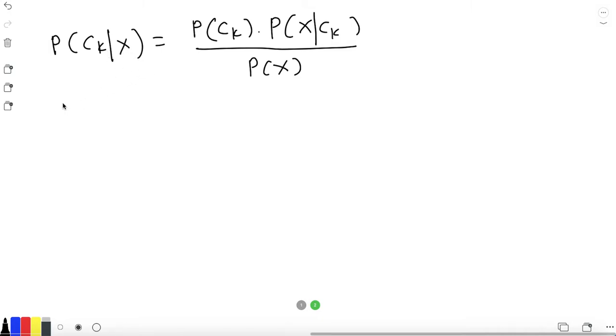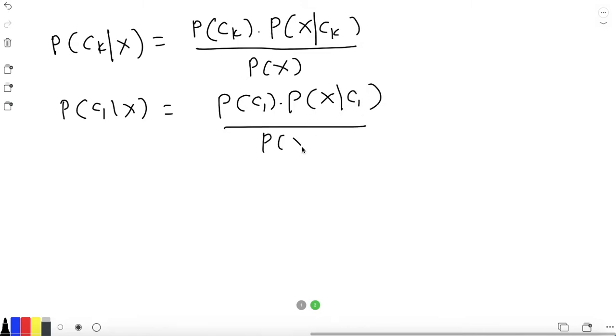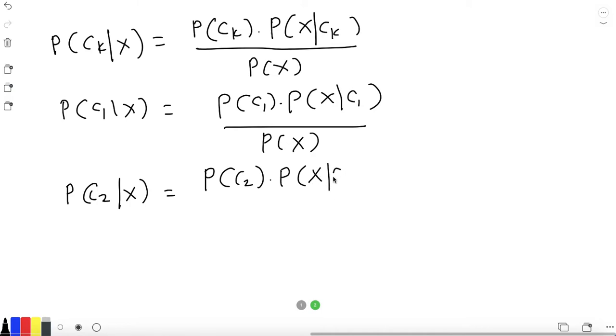If I write the Bayes theorem for C1 class, C1 given x will be equal to probability of C1 into probability of x given C1 divided by probability of x. Probability of C2 given x will be equal to, again by applying Bayes theorem, probability of C2 into probability of x given C2 divided by probability of x. Similarly, we can write this formula for C3, C4, C5, for all the classes, right?